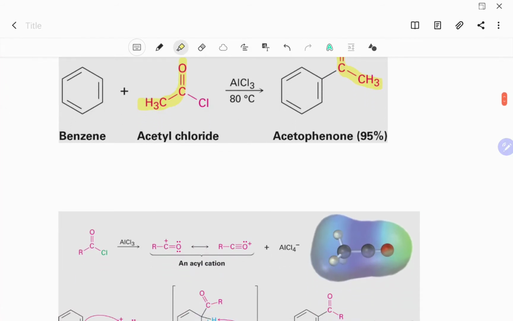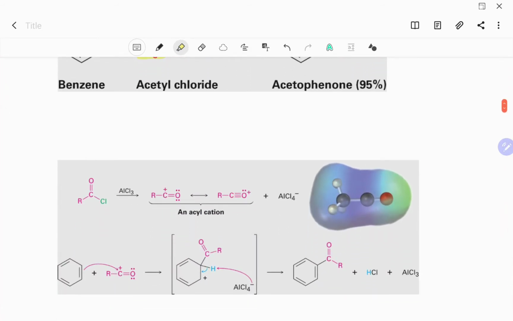Here's the reaction mechanism. I'm not going to talk about the reaction mechanism in more detail. I highly recommend that you go ahead and watch the reaction mechanism for electrophilic aromatic substitution, and also the Friedel-Crafts alkylation mechanism, because this mechanism is very similar. In this reaction, you are going to need an electrophile.